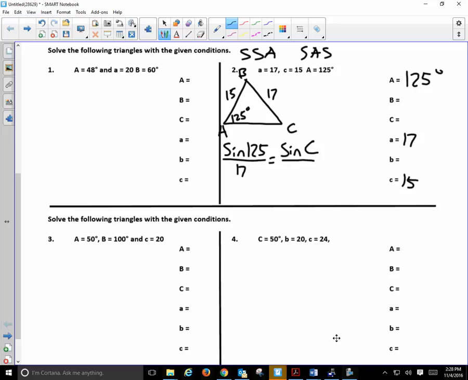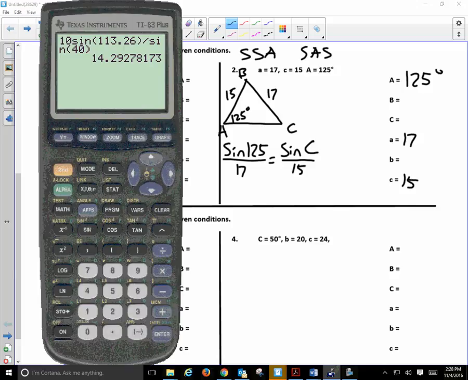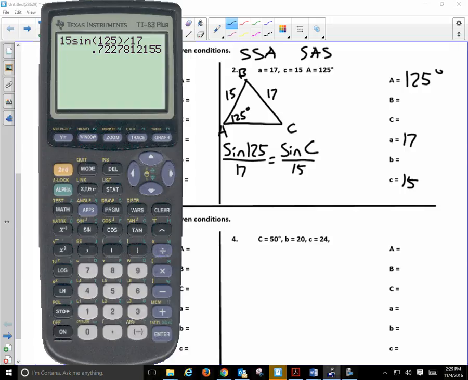C. Sine of C over 15. So if I multiply by 15, I get 15 sine of 125 divided by 17, or 0.7228 is equal to the sine of C.